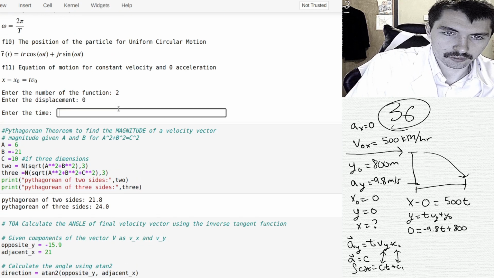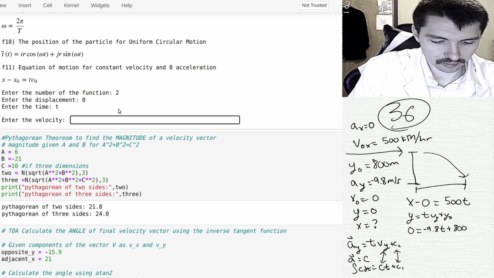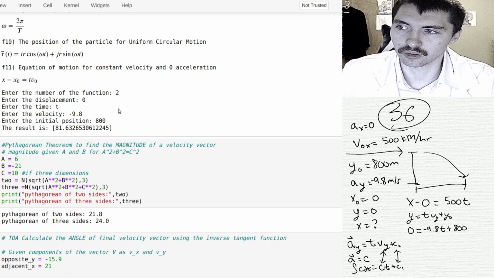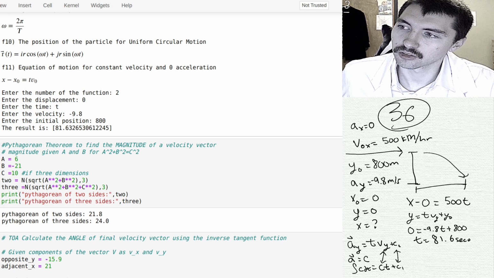Okay, so 0. Time is what we're solving for. Negative 9.8, 800. Okay, so I'm getting T is 81.6 seconds.